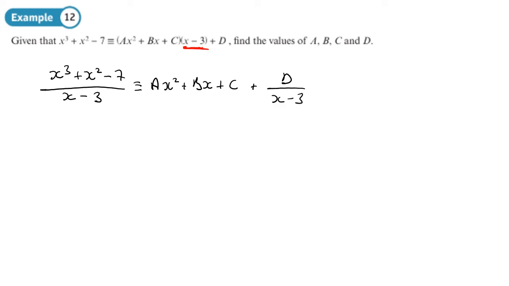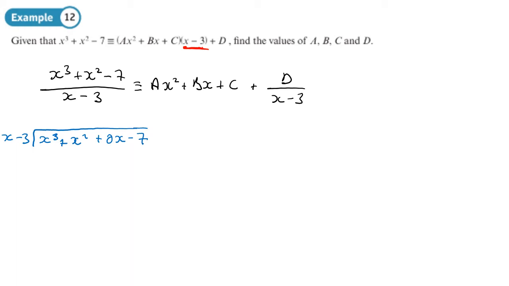And then it pretty much becomes exactly the same as the previous one we did. Yeah, so we can start by doing it that way. Okay, so we're dividing x cubed plus x squared plus 0x minus 7 by x minus 3.